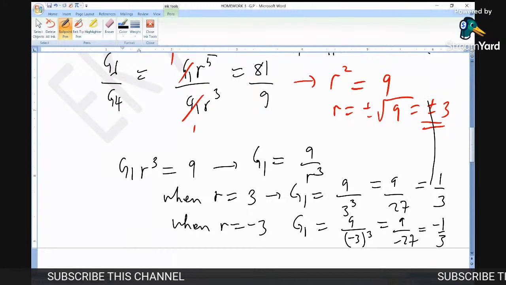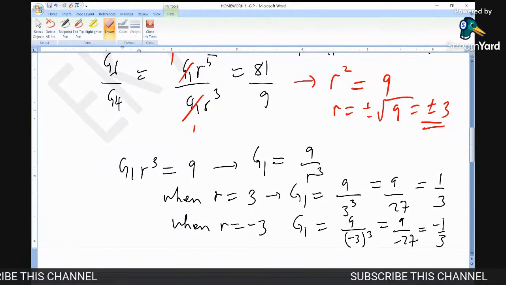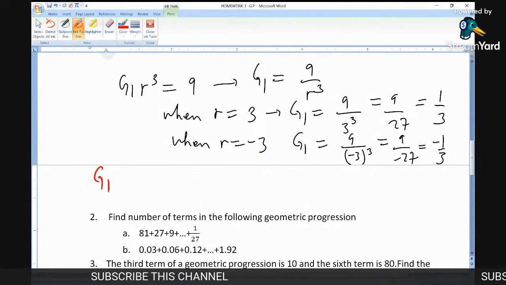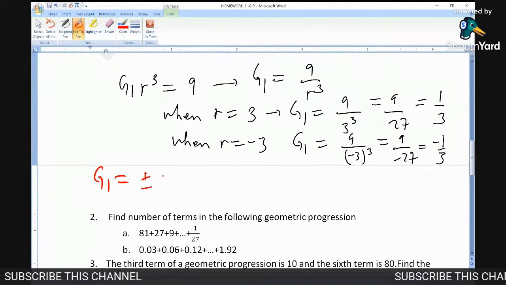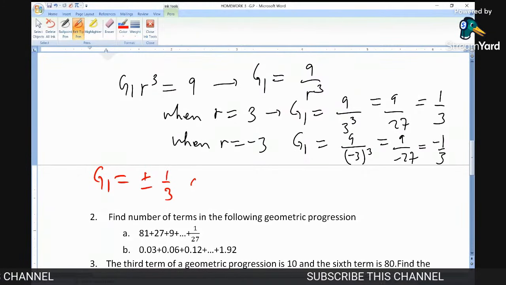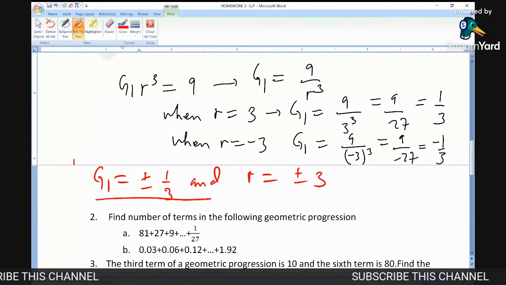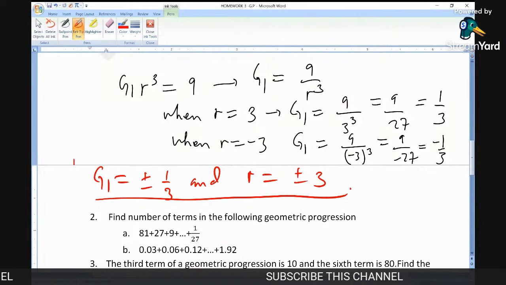So to conclude, we can say that G1 equals plus or minus 1 over 3, and the common ratio equals plus or minus 3. So this is the solution for the given question above.